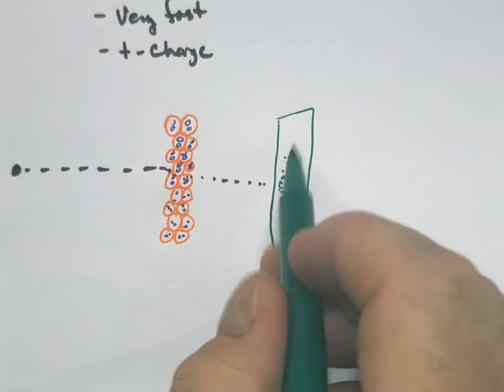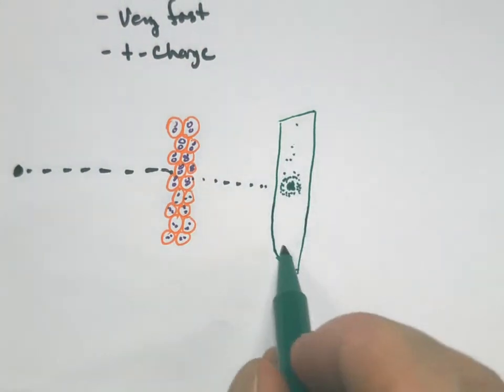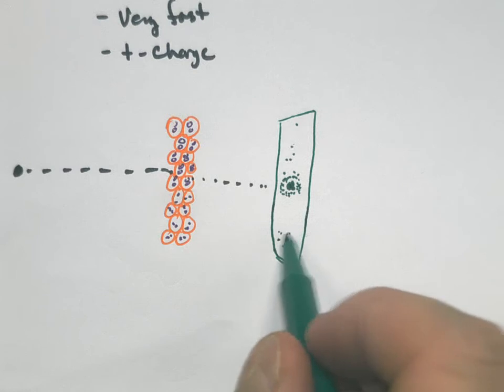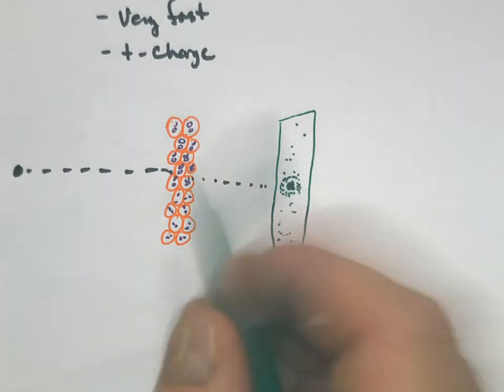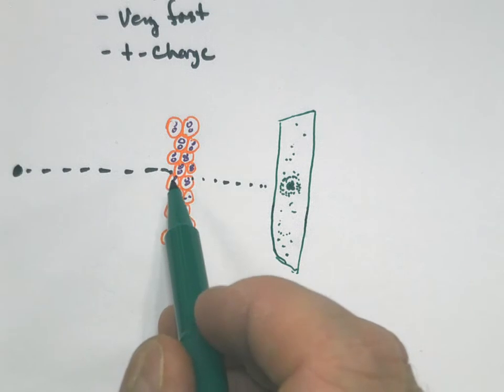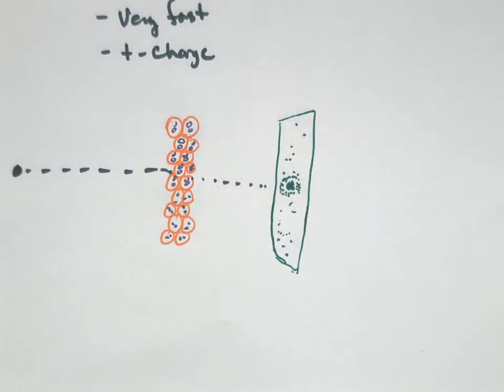Then he'd see some occasionally way out here, and he hypothesized at the time that it was because the negative electrons in the atoms would give a little tug to the alpha particles coming through and deflect them off the regular course.